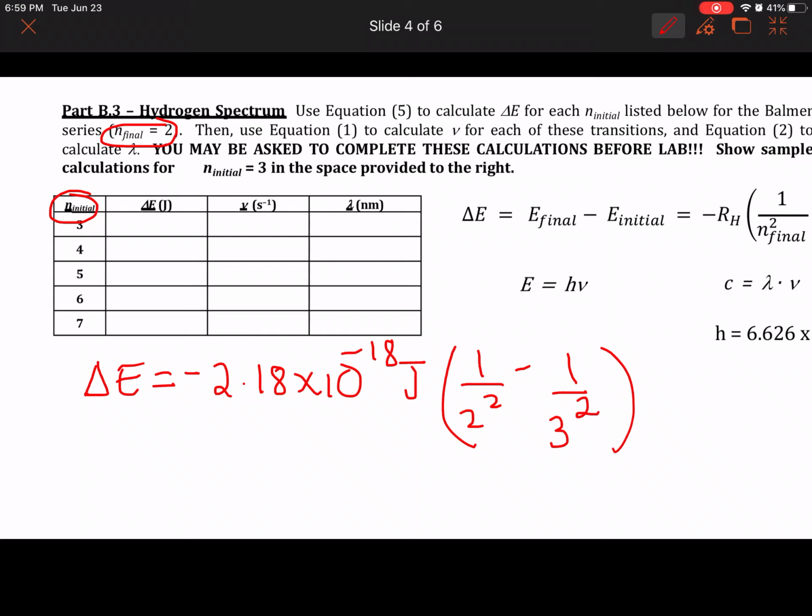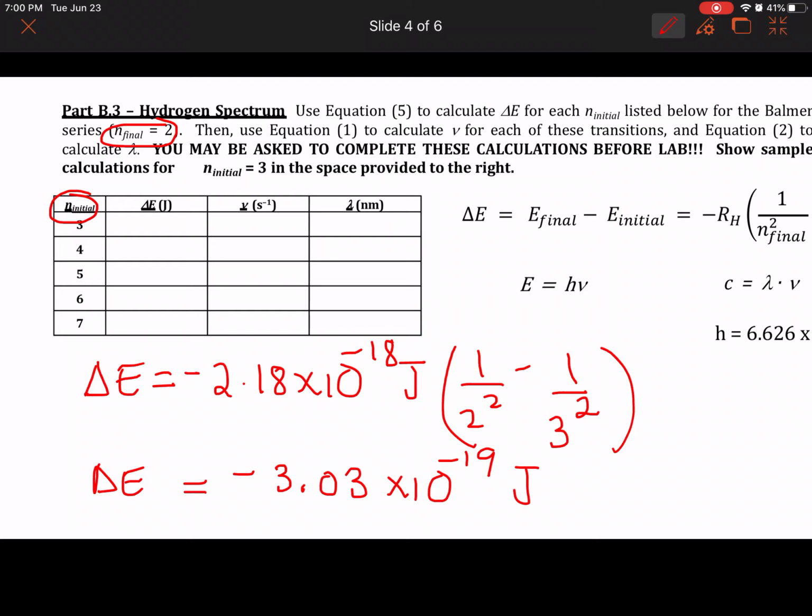If you do this calculation, 1 over 4 minus 1 over 9, and then multiply this by 2.18 times 10 to the negative 18, that's going to give you something like negative 3.03 times 10 to the negative 19 joule, delta E. And this is for the first one.